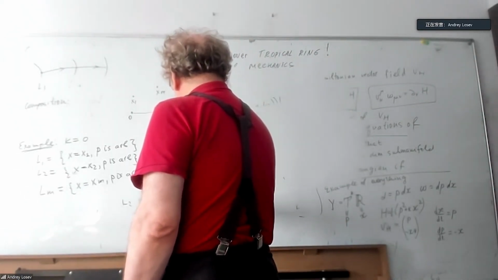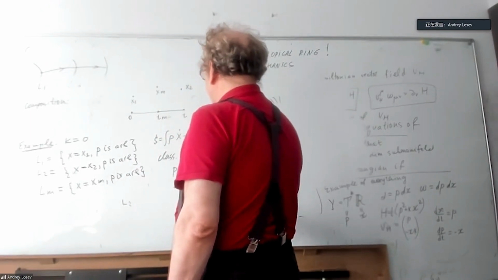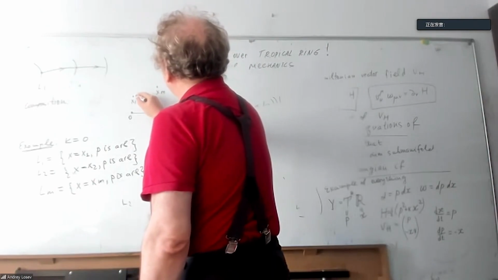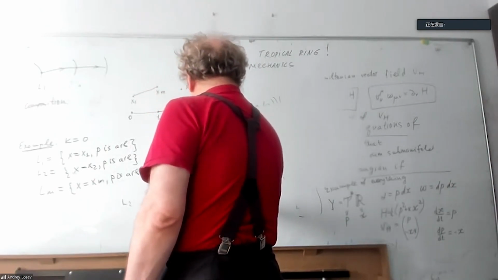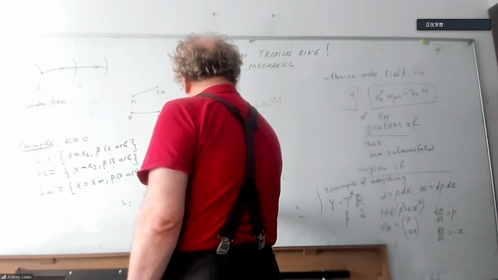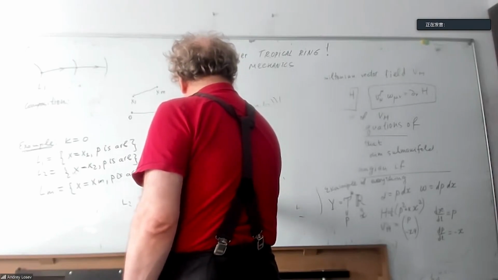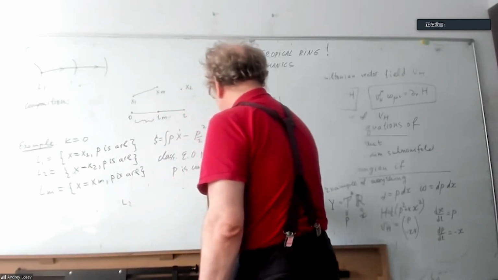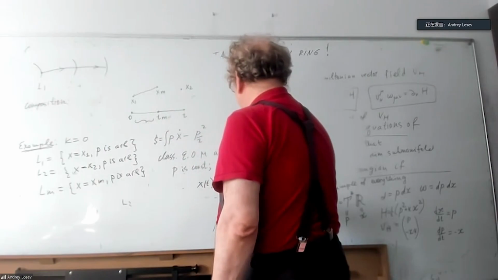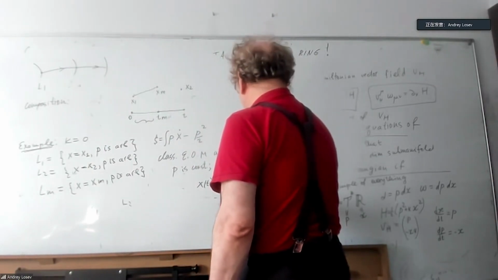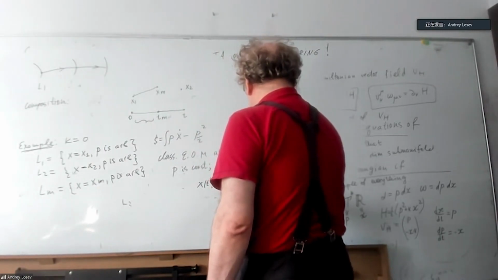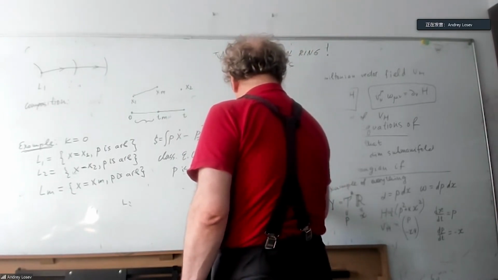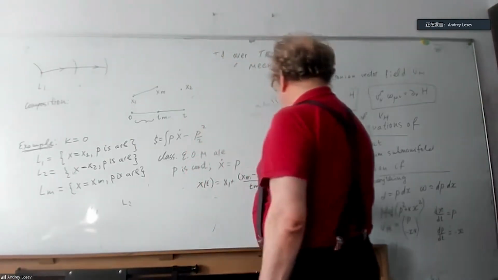Now, S classical is what? X of t on this interval equals x1 plus xm minus x1 divided by tm, and here I have t.